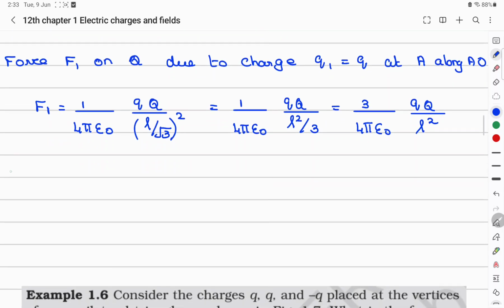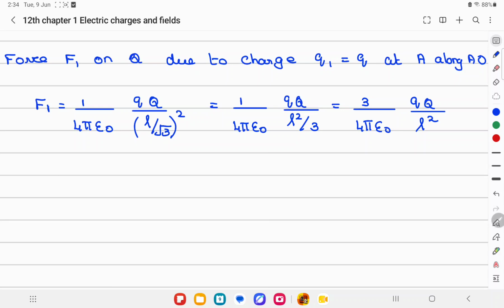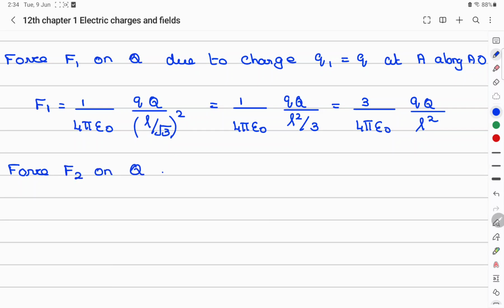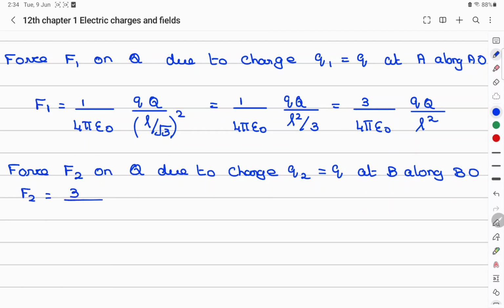Like that for force F2. Force F2 on Q due to charge Q2, which is equal to Q at B, along BO. So F2 is equal to 3 by 4 pi epsilon naught QQ by L square.